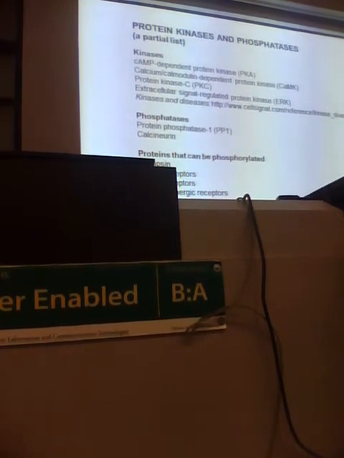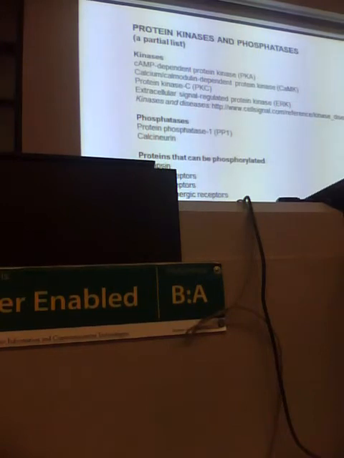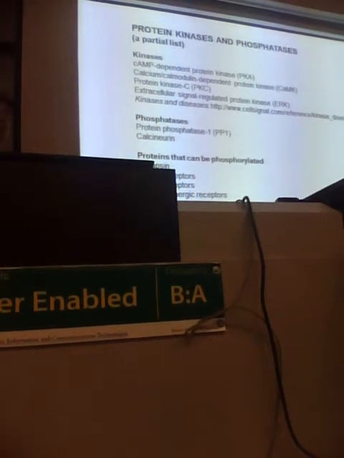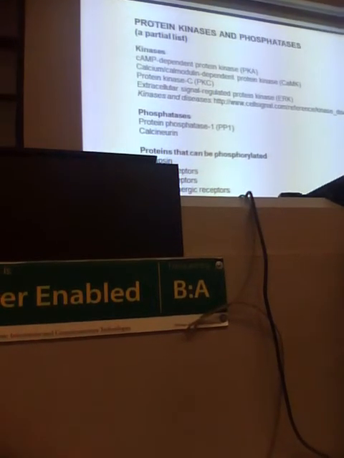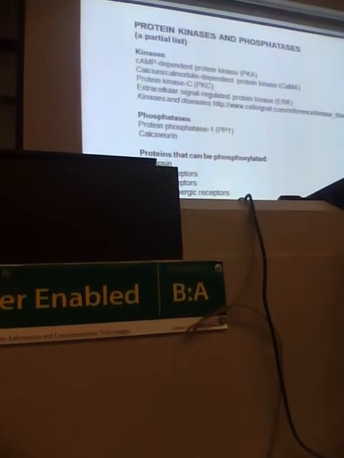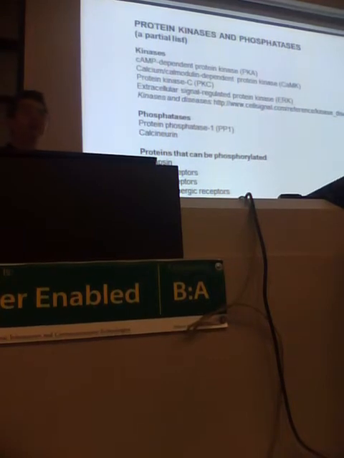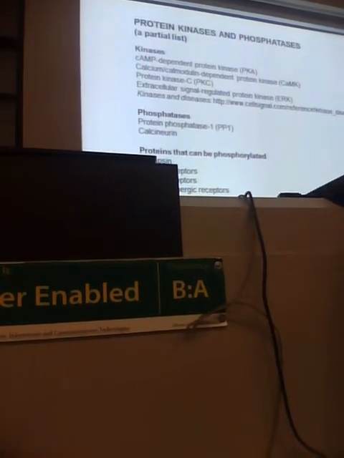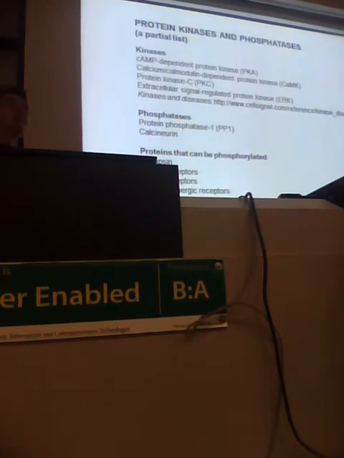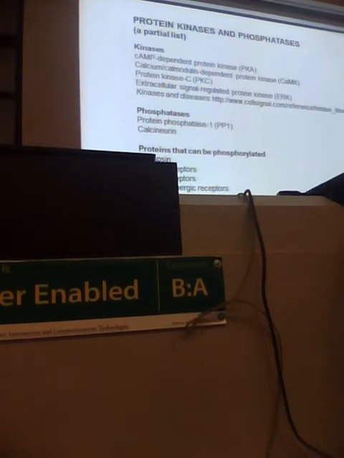So for example, ERK, too much ERK activity has been linked to certain types of breast cancer and prostate cancer. Too much PKC activity has been linked to many types of cancer, too many to mention. CaM kinase 2, in particular, has been linked to cardiac arrhythmias.